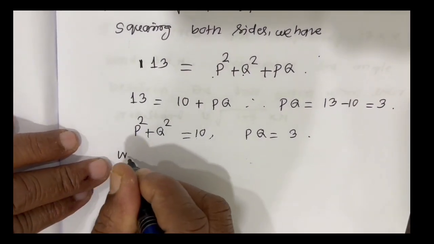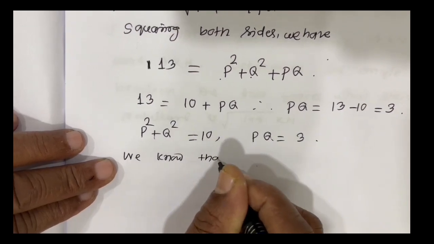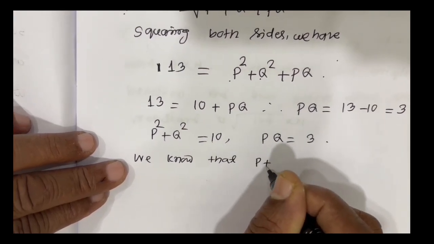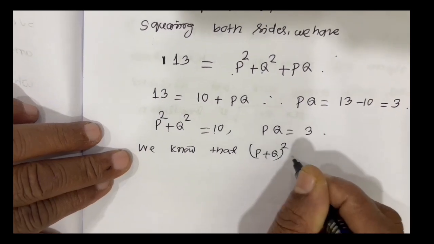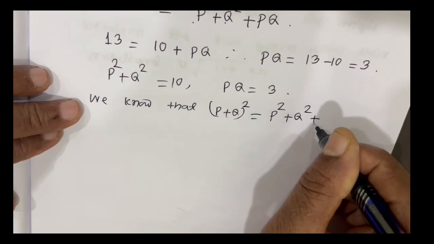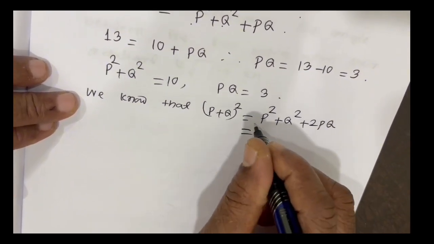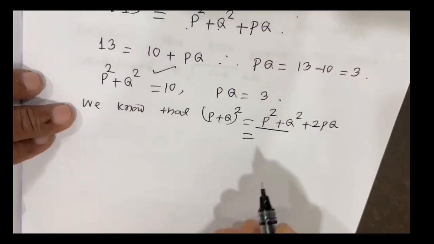We know that P plus Q square is equal to P square plus Q square plus 2PQ. P square plus Q square is equal to 10.